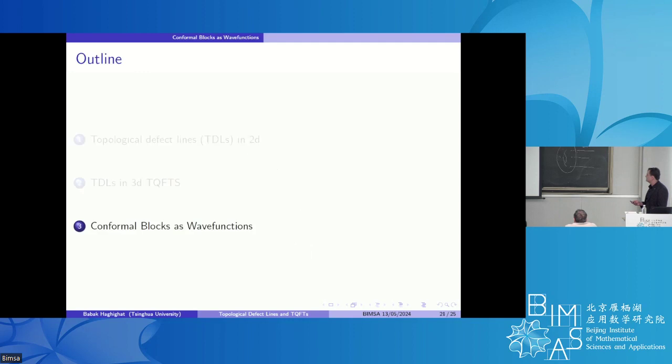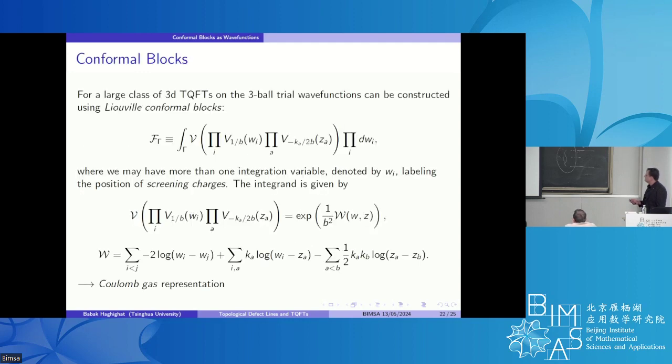Okay, then let me just give you some examples. So, these wave functions. This is now some physics notation, but this wave function can be computed, in physics jargon, with Liouville conformal blocks. You have these integrals over some cycles, and the integrand is the exponential of this function W, which has this structure.